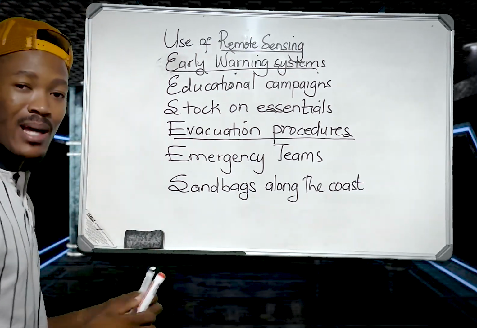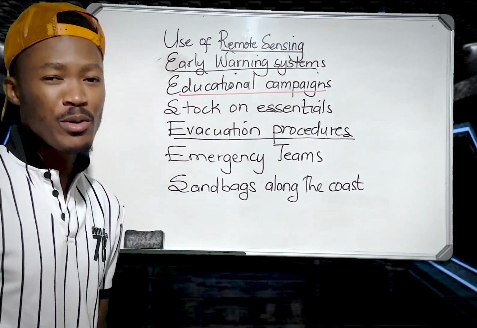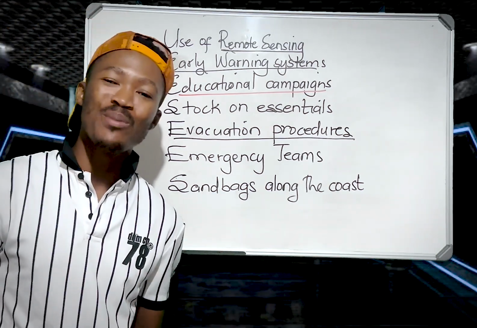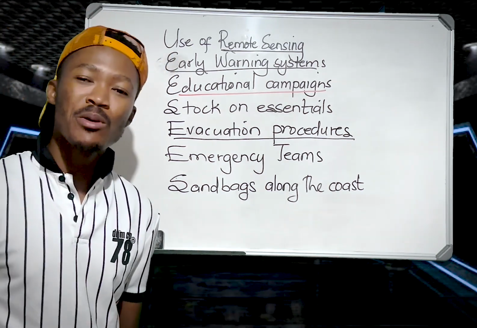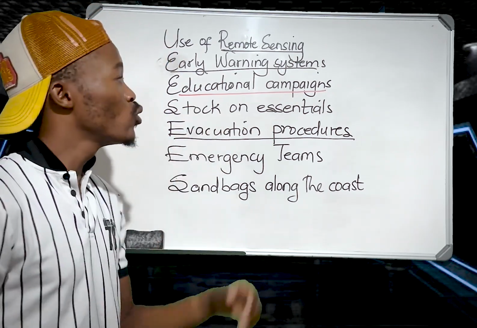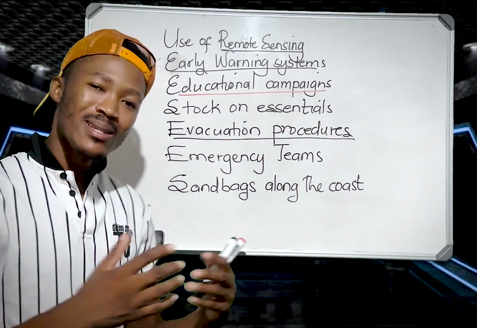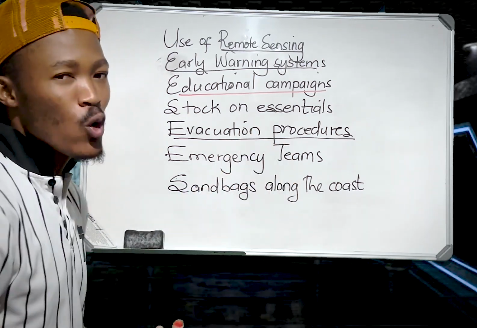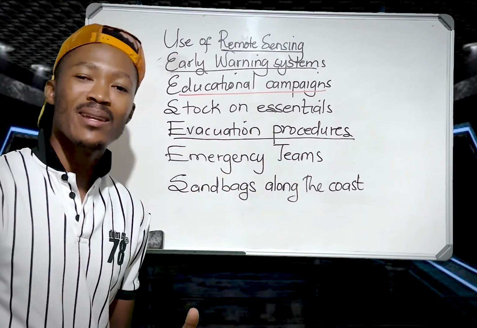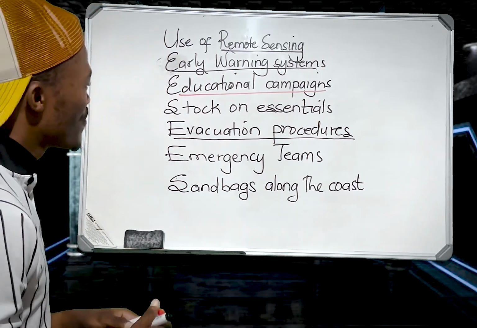Also, we can implement educational campaigns whereby we teach people about the dangers of tropical cyclones and what to do in time of a disaster. This includes advising them to stay indoors and stay away from windows and doors, since they may be affected by flying debris from the strong tropical cyclones.